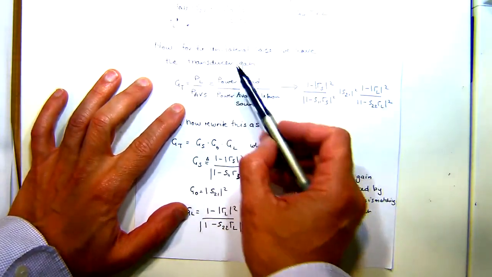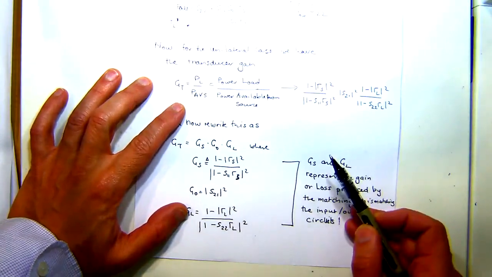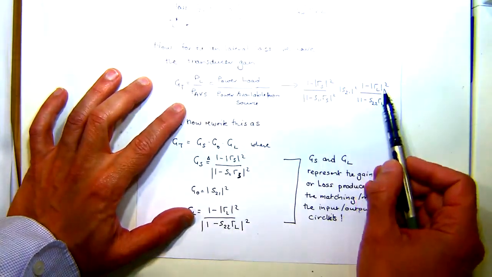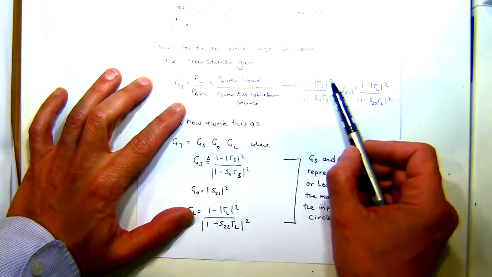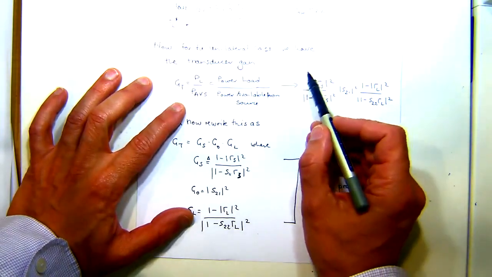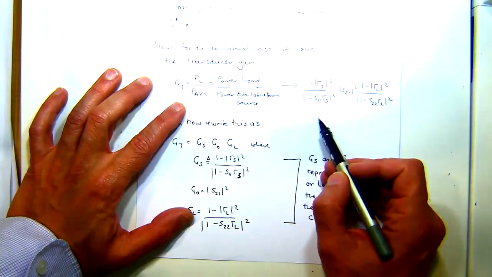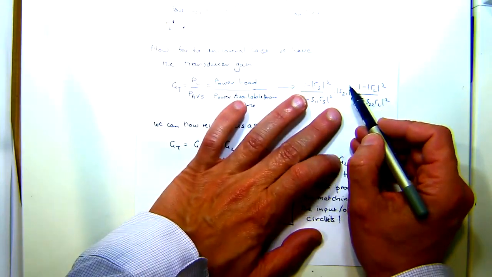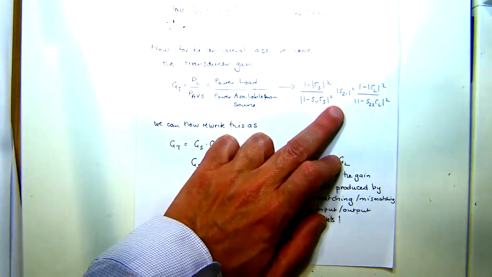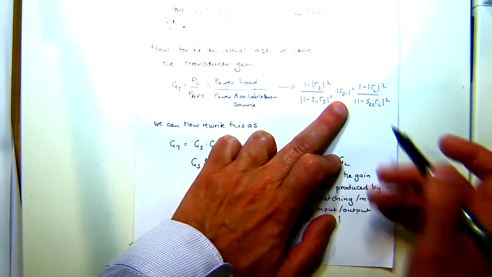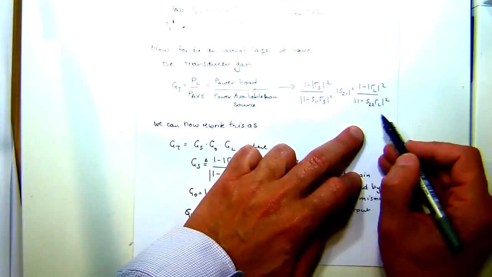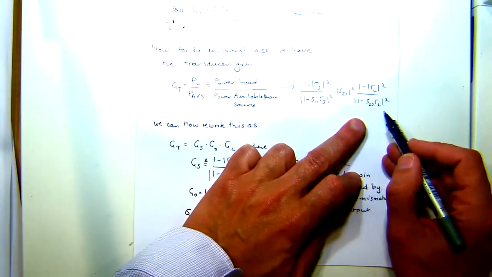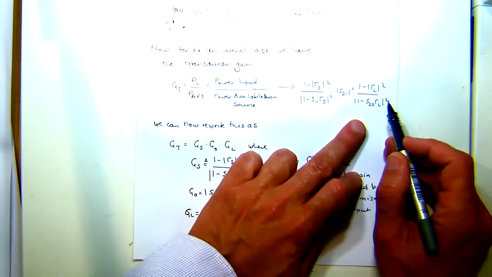With the unilateral situation where S12 is equal to 0, I can rewrite this transducer gain as something which depends on my source impedance, the forward gain of the transistor, and also something which relates to the gain of the network associated with the load.